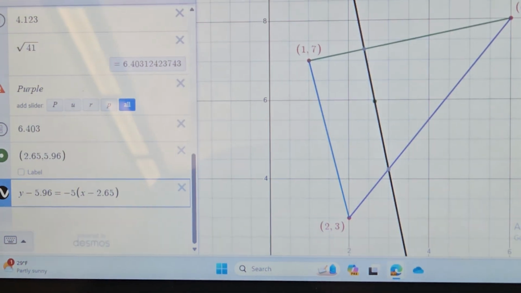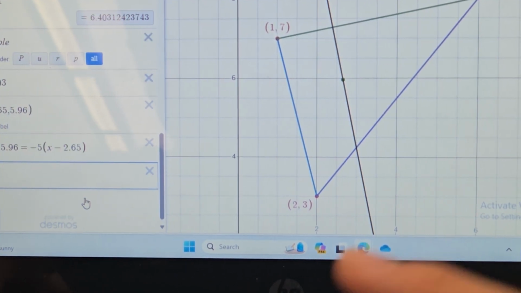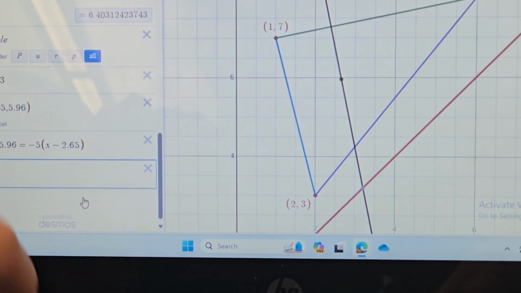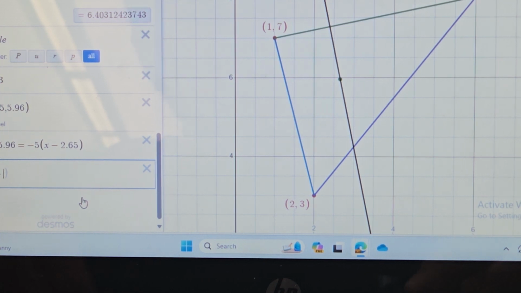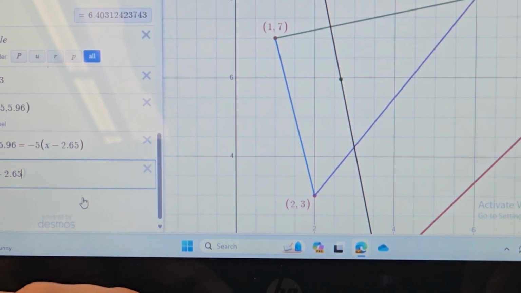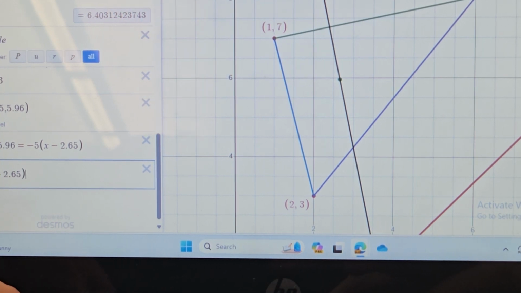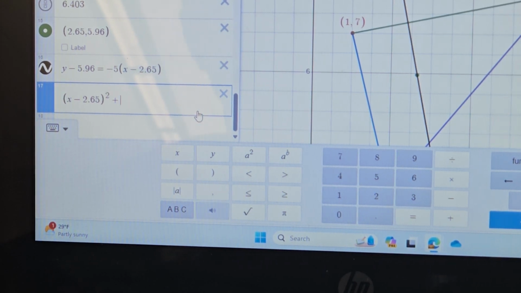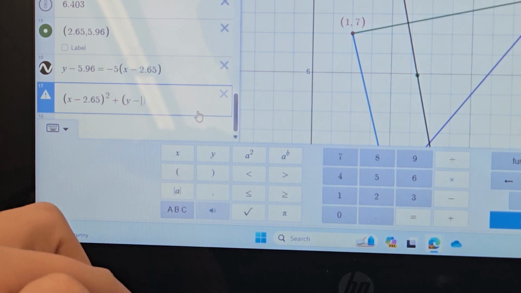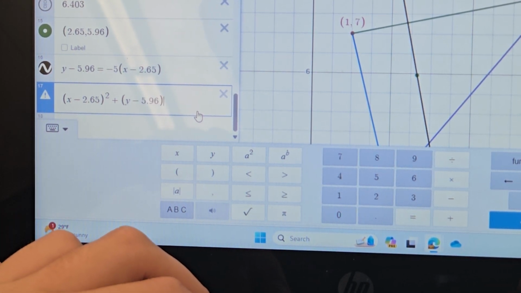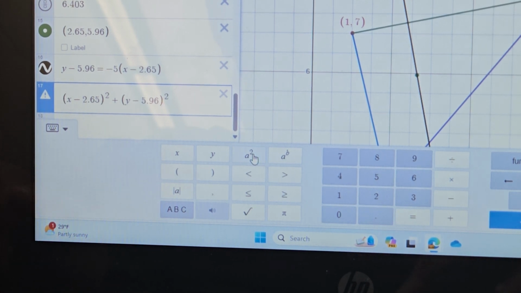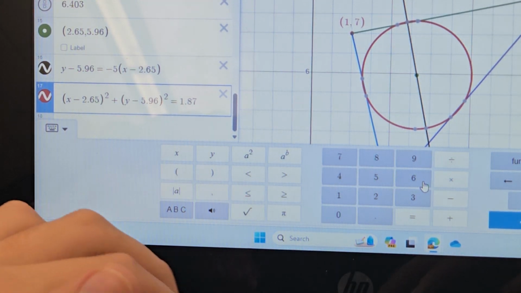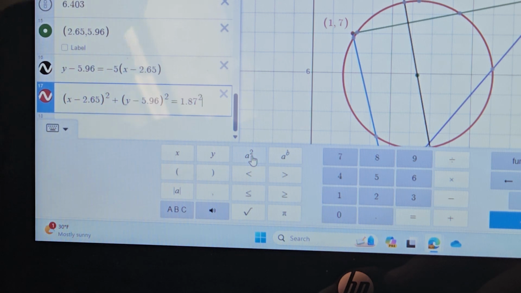The next step is our final step, and we'll do the circle formula, which is x minus x1 squared, or in our case, x minus 2.65 squared, plus y minus 5.96 squared, equals our radius, which is 1.87 squared. And I did that wrong.